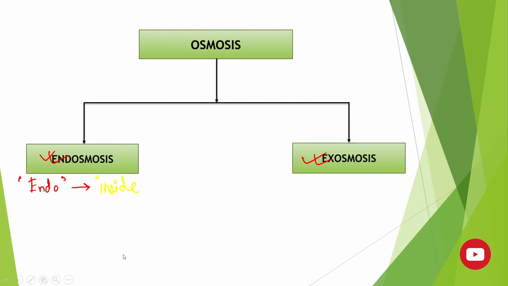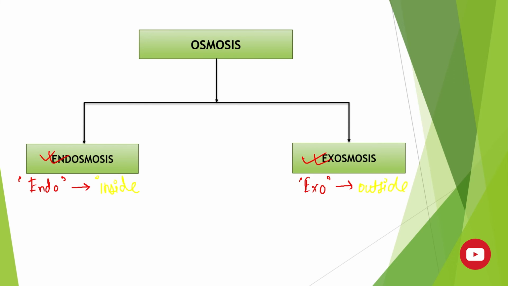And whenever you get the word exo in biology, it is going to mean outside. If you remember the meaning of these two terms, then it will be very easy for you to answer or understand the phenomenon that is going to follow.